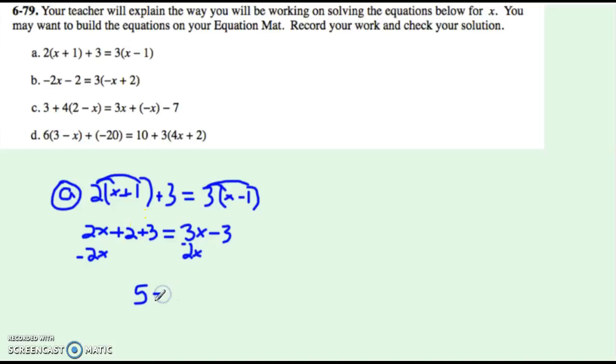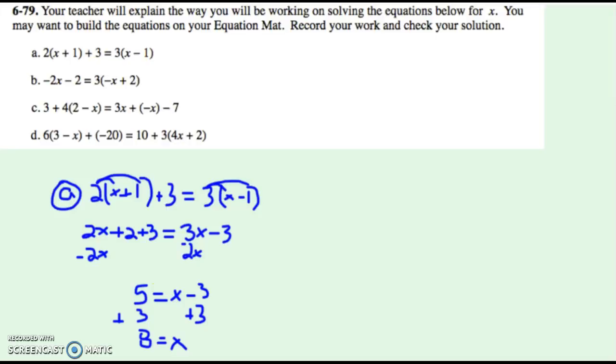So I'm going to just write 5 for that part. 3x minus 2x is x, then minus 3. Now to get x by itself, I would add 3. So plus 3 on both sides. And for this problem, x would be equal to 8.